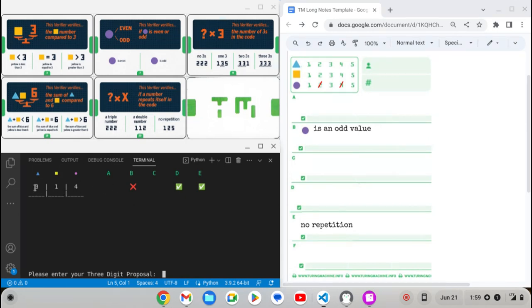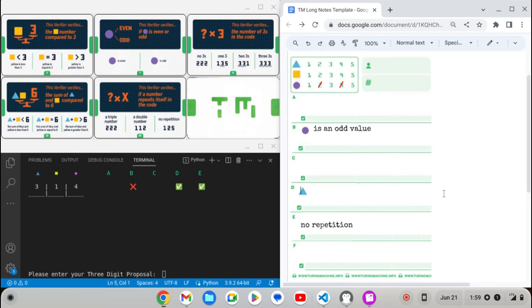Notice that I have 3 and 1 for triangle and square. If I sum those up, I get a 4. So the Turing machine is confirming that triangle and square must have a sum that's less than 6. So let me go ahead and write that down in my notes for D.